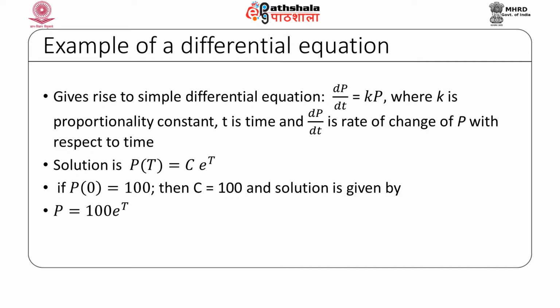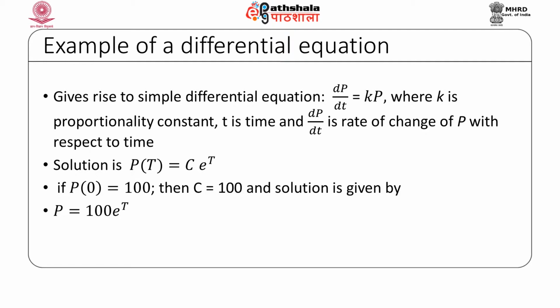Just to simplify matters, if the population at 0 is 100, then if you substitute P(0) is 100, putting t equal to 0 in the expression P(t) equal to C e raised to t, we get C into e raised to 0 is 100. Since e raised to 0 is 1, we get the value of constant C as 100, and so we can say the solution of this differential equation, if the current population is 100 units, is P equal to 100 into e raised to t.